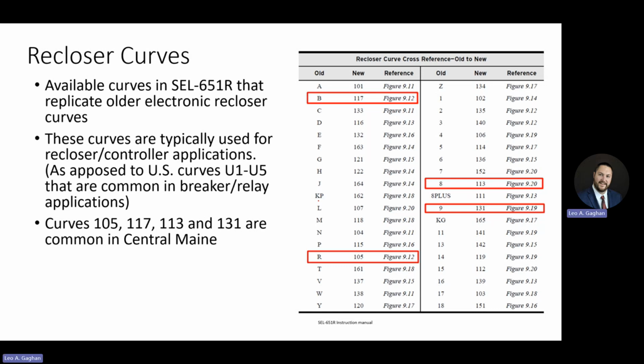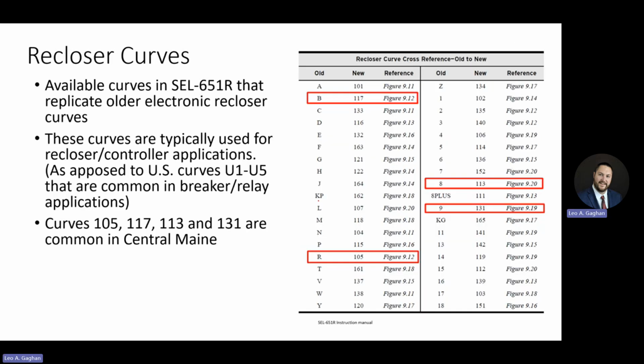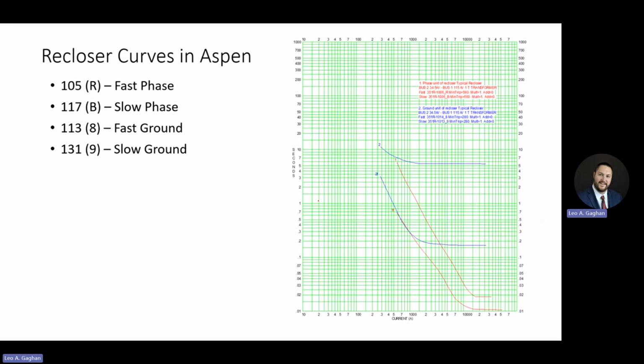Now we're replicating them in the 651Rs, but they had them in the 351Rs. They had them in their electronic reclosers. They've been just trying to keep that same characteristic for a long time. So the ones we talked about there, the 105, 117, 113, and 131, are good examples.